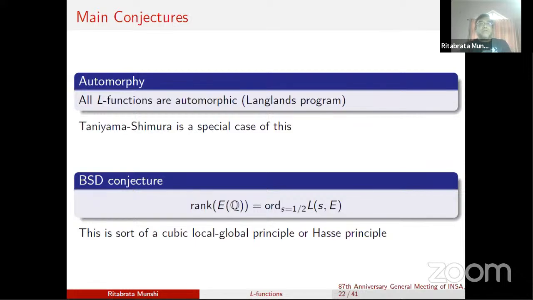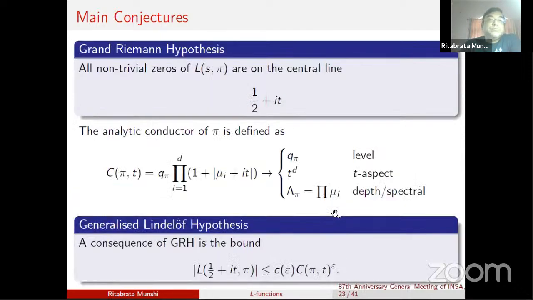Okay, so here are the main conjectures that you are interested in when you're looking at L functions. The first thing is, as Langlands said, that all L functions are automorphic. Not making it precise, basically it means the Artin L functions are automorphic, the elliptic curve L functions are automorphic, and so on. Then there's the Birch and Swinnerton-Dyer conjecture, which relates the rank of the elliptic curve with the order of vanishing of the L function.